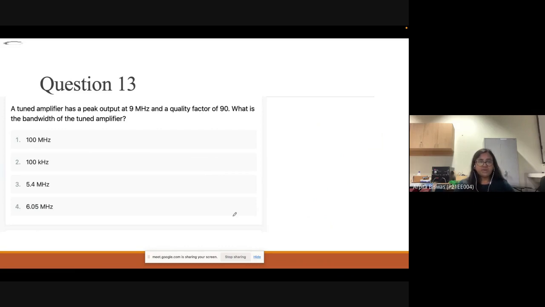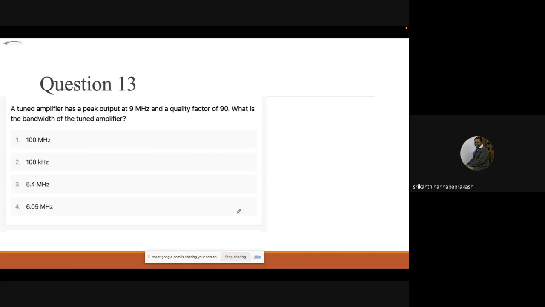This is question number 13. A tuned amplifier has a peak output at 9 megahertz and a quality factor of 90. What is the bandwidth of the tuned amplifier? Do you know the relation between this peak output and the quality factor? Q is equal to FR by bandwidth, madam.